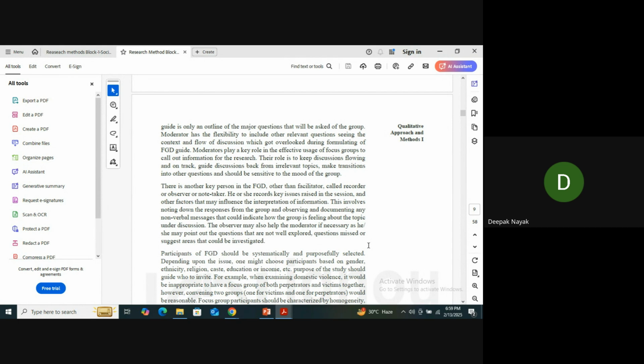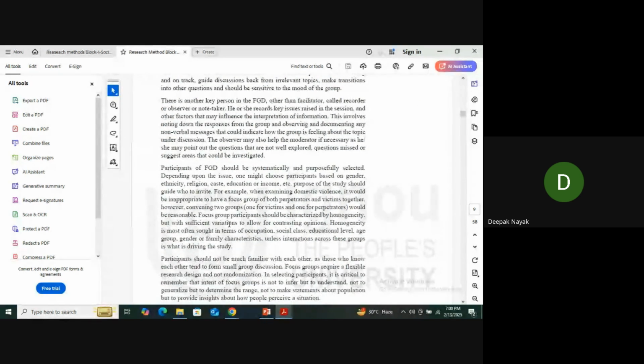One may handle the recorder or camera, focusing on people expressing their ideas and experiences, one can devote to asking relevant questions, and the other can be useful in moderating the situations. So 2 or 3 people can have better focus group discussions.